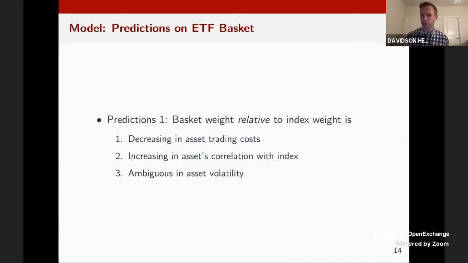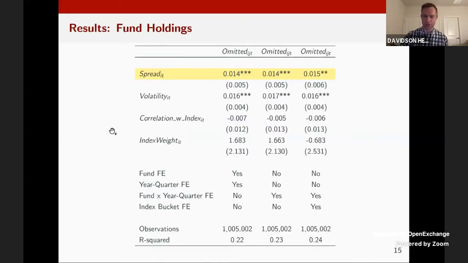Because it helps me in terms of tracking the index over and above its individual idiosyncratic contribution, if the correlation with the index is high. Think of the limiting case: if a futures contract on your target index exists, that has perfect correlation with your index, and you would love to put that in your basket. And the predictions for volatility are sort of ambiguous.